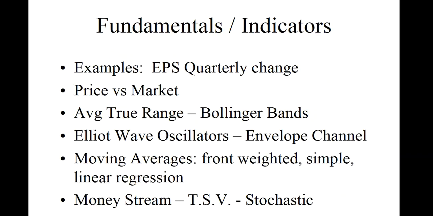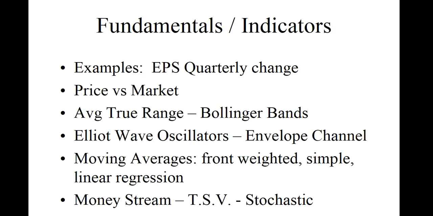With these fundamentals and indicators, here are just some examples. We use EPS quarterly change, your earnings per share, the price versus the market, maybe an average true range or Bollinger Bands. Sometimes we throw together Elliott wave oscillators and develop envelope channels. Moving averages, whether they're front-weighted, simple, or linear regression types.